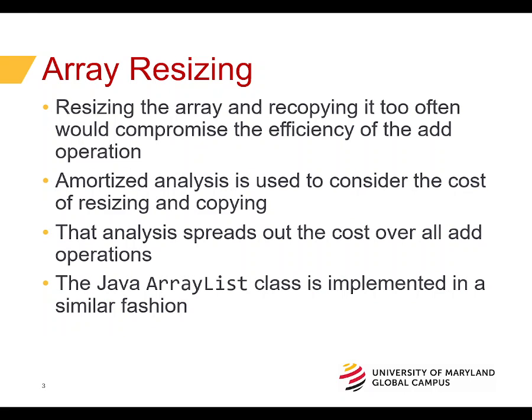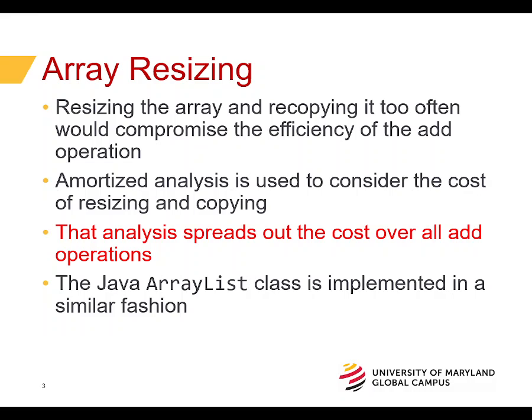Next, let's focus on some additional considerations related to the resizing operation. Resizing the array and recopying it too often would compromise the efficiency of the add operation, because that is the operation that increases the number of elements and can cause the array to become full. An amortized analysis is used to consider the cost of resizing and copying.